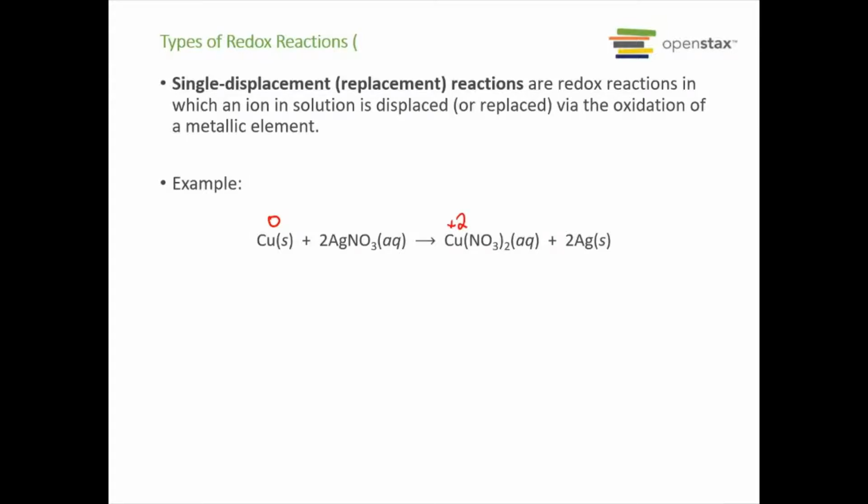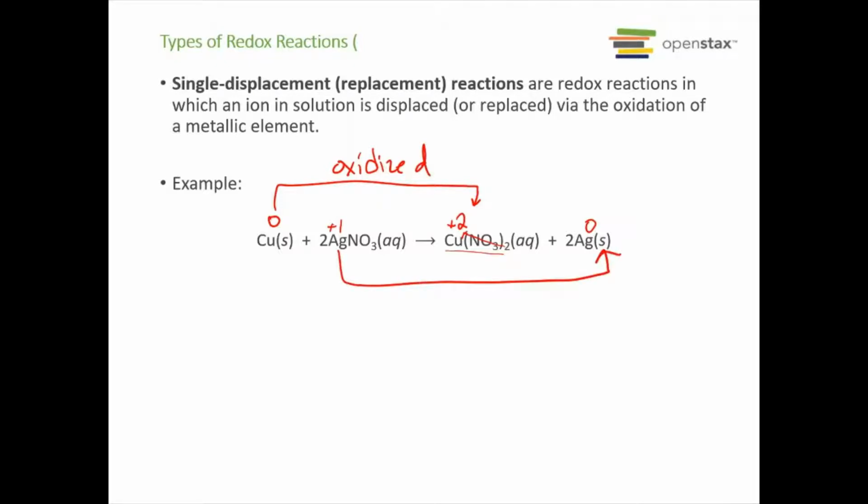On the product side, it's now an ionic compound, and there are 2 negative ones of the nitrates, so now it's +2. Whereas the silver went from an oxidation state of +1 to an oxidation state of 0. So copper had an increase in its oxidation state, so it was oxidized, whereas silver had a decrease in its oxidation state, a reduction, so it was reduced.